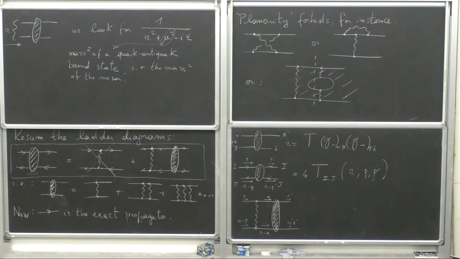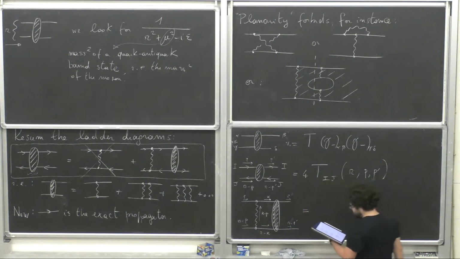R minus K, and what goes up here is K minus P. Okay? And so let's go ahead and write this diagram.